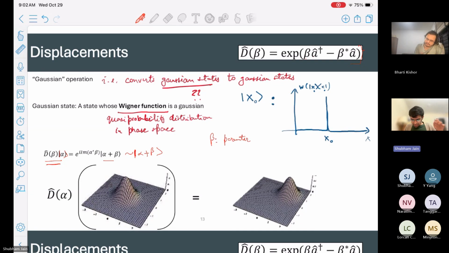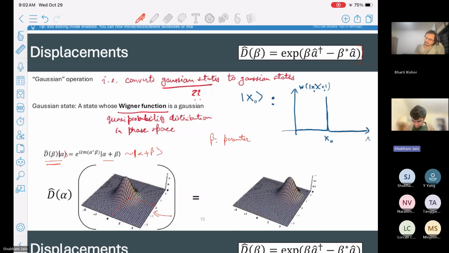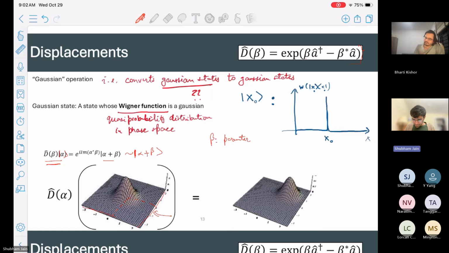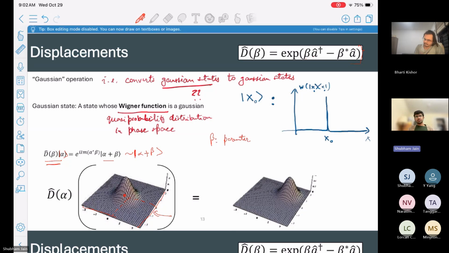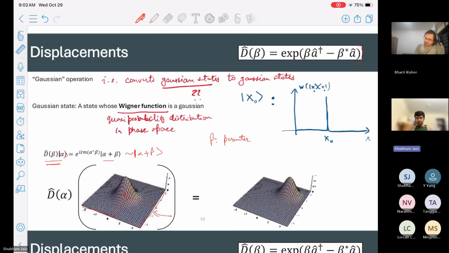And this is again a Wigner function of a coherent state alpha. This is plotted on the complex plane, and this Wigner function is actually just a Gaussian function centered at alpha. So this is the Wigner function of any coherent state.